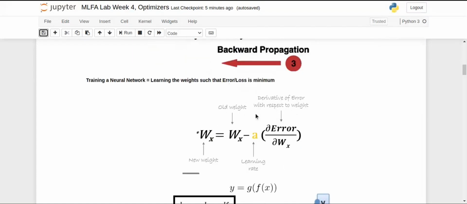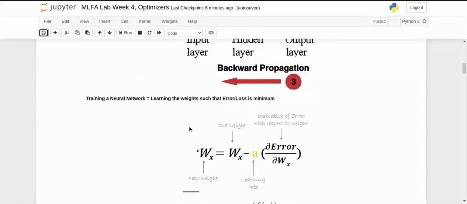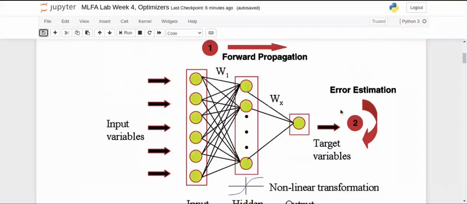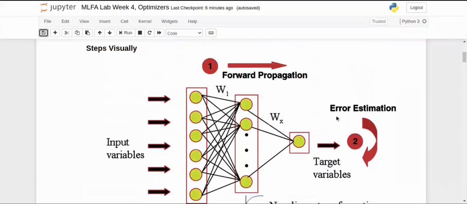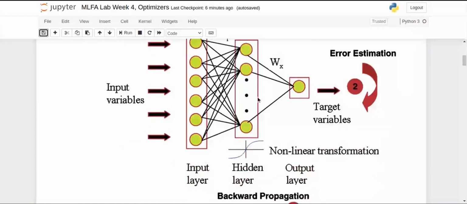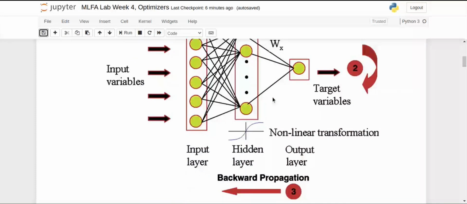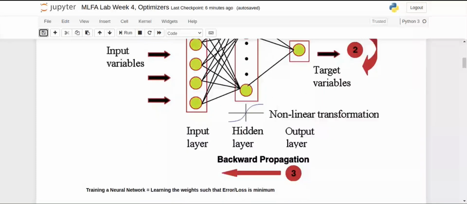Now I want to explain how this w new and w old works. Training a neural network is nothing but learning the weights such that this loss function, (yp minus yi) squared, is minimized. The main goal of a machine learning model is to minimize the loss. For example, suppose I want to predict the height.